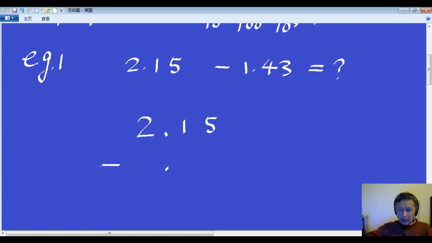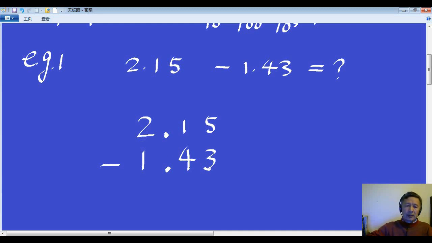If you're still not too sure, you can put the decimal points together first, and then write the number to be taken away from the first number. So that's how you make sure of the alignment. It is very important that the unit place must be put in the right place.